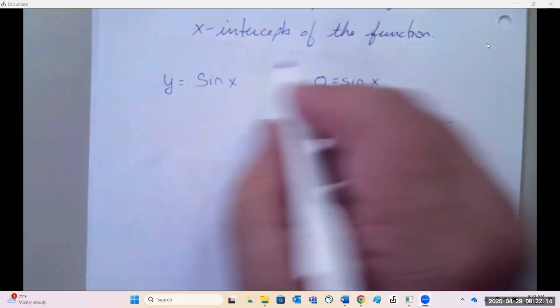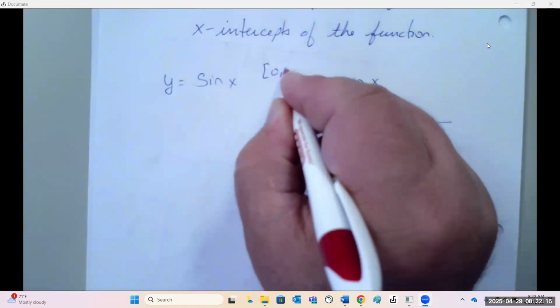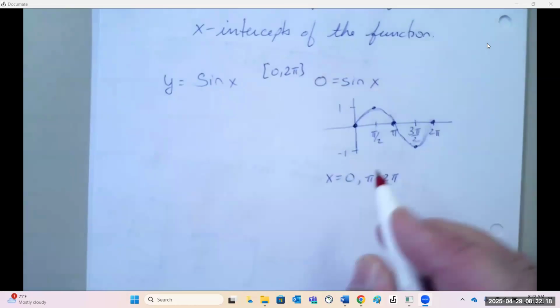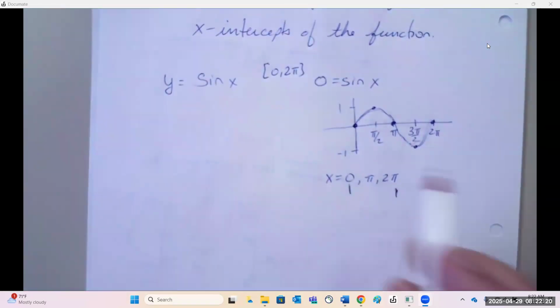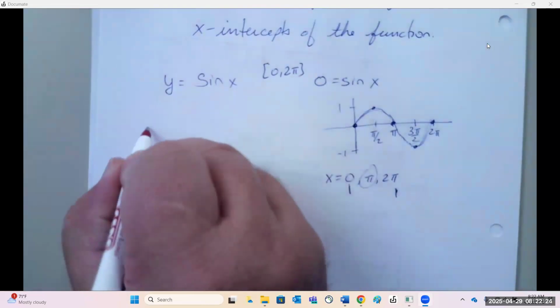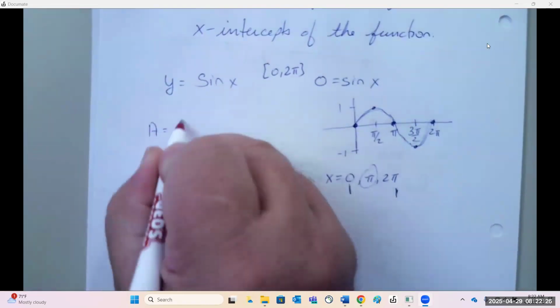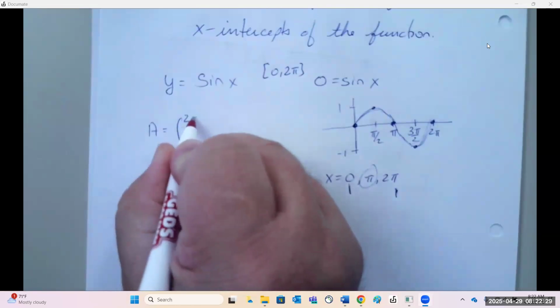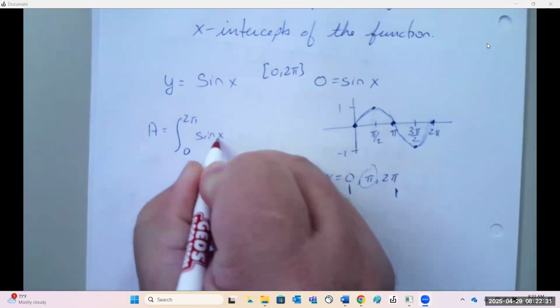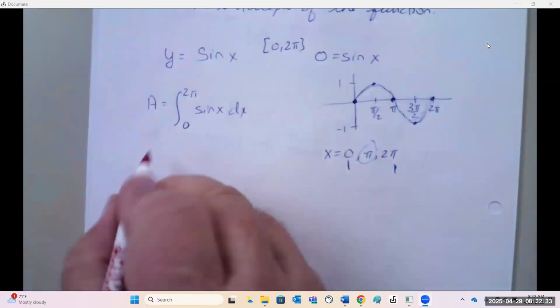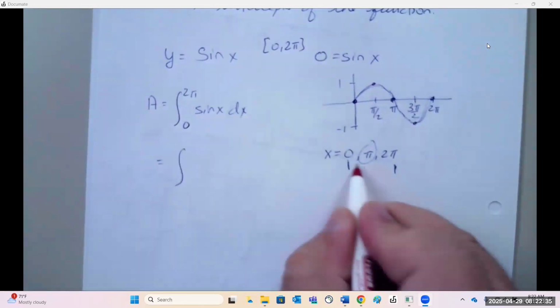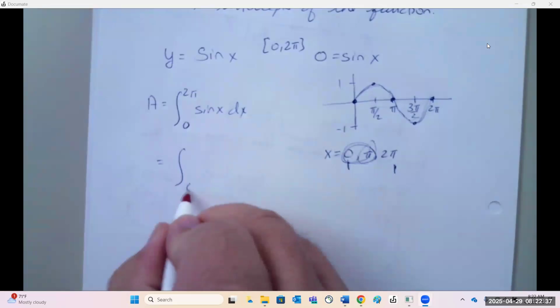Because our domain for this function was between 0 and 2 pi, which are the beginning and the end, we have to cut it up into separate pieces. When we do the integral for the area of this, we have to first go in this interval from 0 to pi.